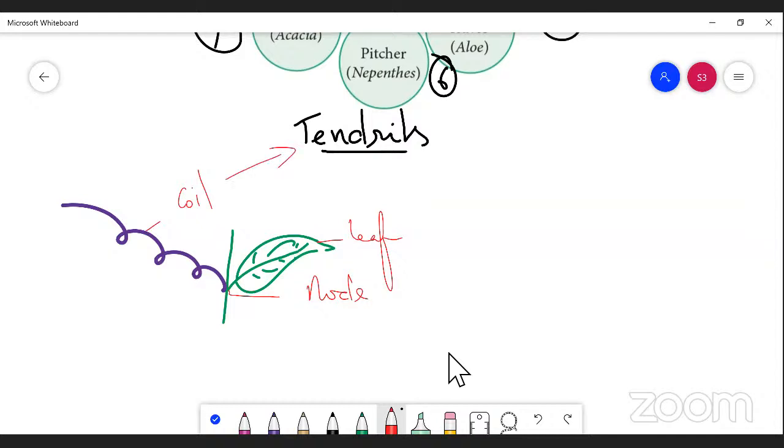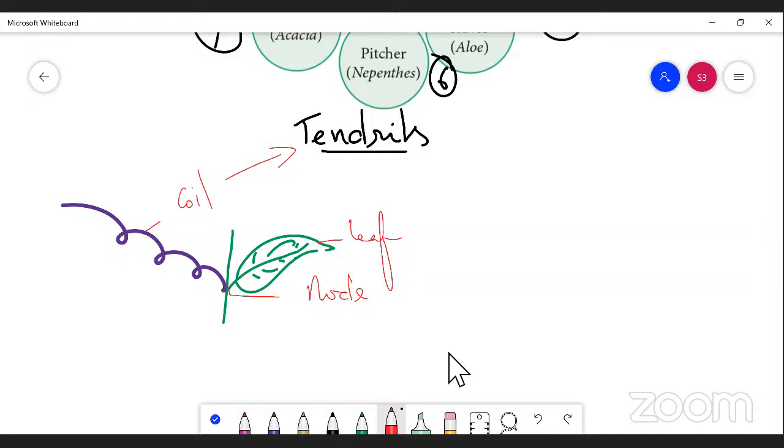The leaves are modified into a coil structure in order to support the plant, to climb on other plants, due to the presence of a weak stem. Such a coil structure is said to be tendrils.